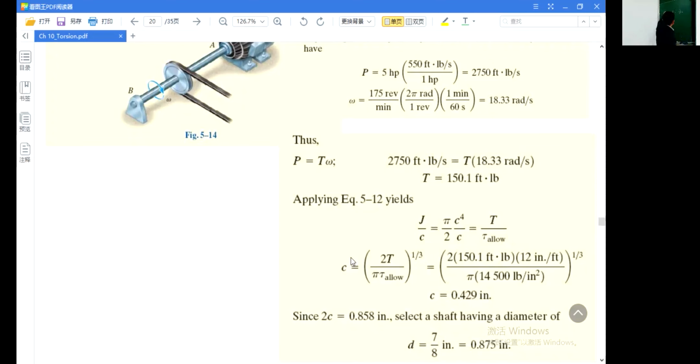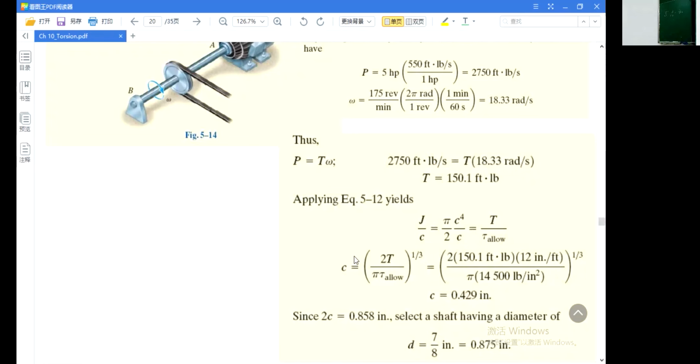The smallest is 1/8 inch. Why? Because in this way, the shaft is cheaper.